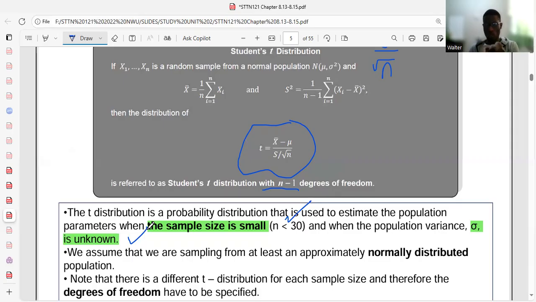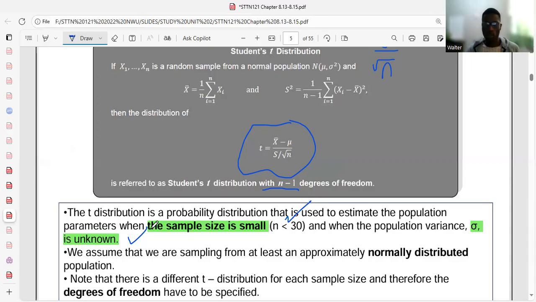If it's like that, you're not going to use the formula of the student T distribution. We'll use the student T distribution only if and only if n is less than 30 and we are dealing with the sample standard deviation.